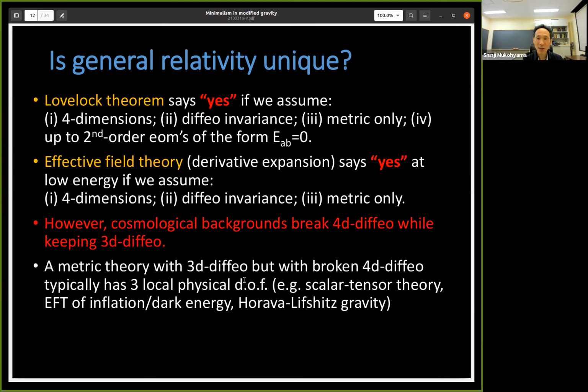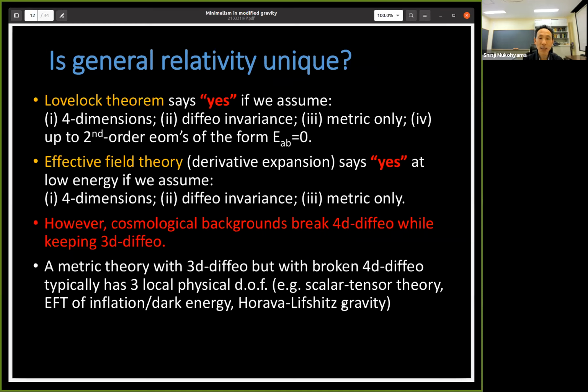But if we consider a metric theory, namely a theory with only the metric, with 3D diffeomorphism but broken 4D diffeomorphism, then typically we end up with 3 local degrees of freedom, not 2. For example, scalar-tensor theories, EFT of inflation, EFT of dark energy, or Horndeski gravity.